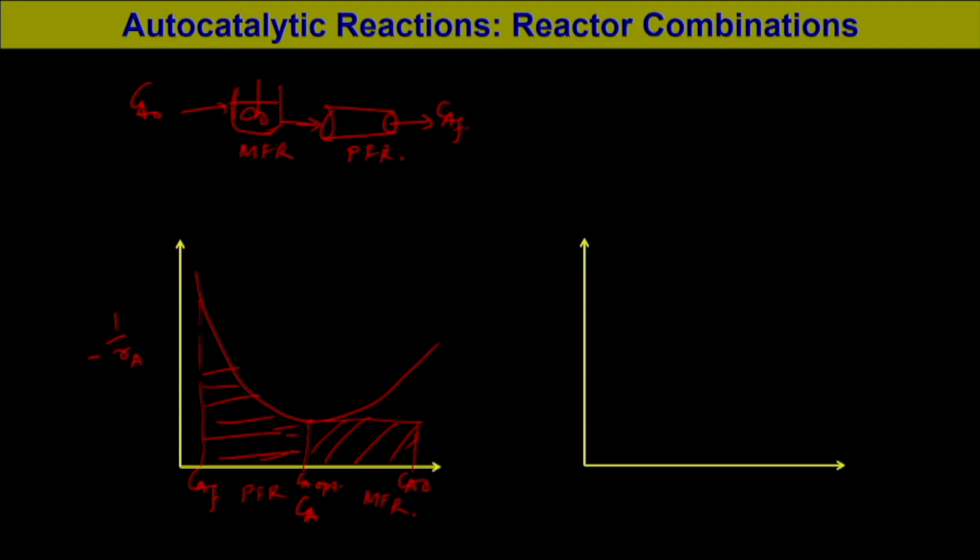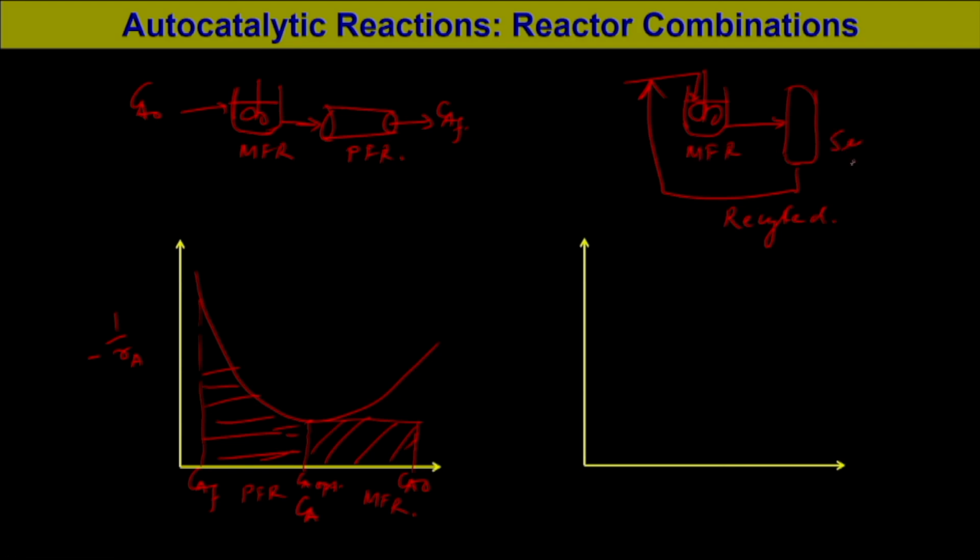Now, if we have the option to separate the product and recycle it back, say we have a CSTR, and the product coming out is separated here and recycled back to the reactor entrance. So, this is a recycled reactor, MFR, and this is the separator.